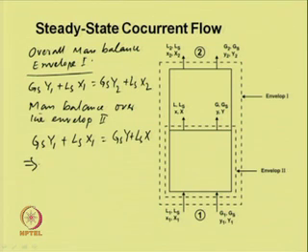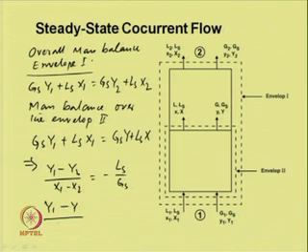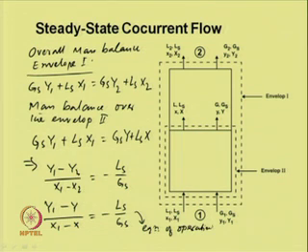And if we rearrange these equations, we can write (y1 minus y2) by (x1 minus x2) will be minus Ls by Gs, and also (y1 minus y) by (x1 minus x) will be minus Ls by Gs. So, the slope is negative, and this is the equation of the operating line with a slope minus Ls by Gs.